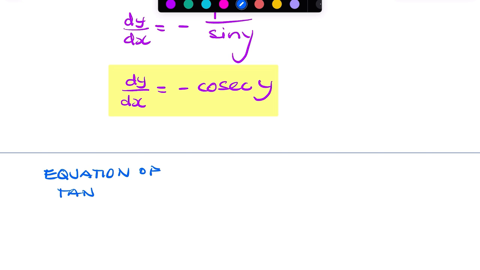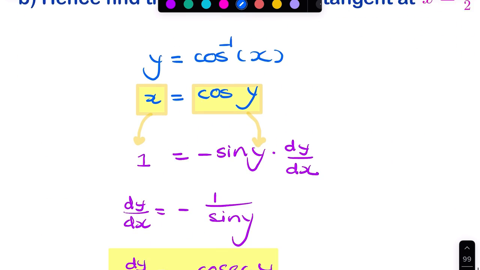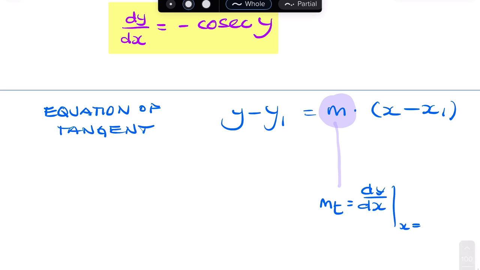So we can use the general form for the equation of a line and say y minus y1 equals m times x minus x1, where m is the gradient of the tangent, equal to dy by dx at that point. X equals, was it pi over 4? Oh no, it's 1 over 2. At the point x equals 1 over 2. So we need to find dy by dx.